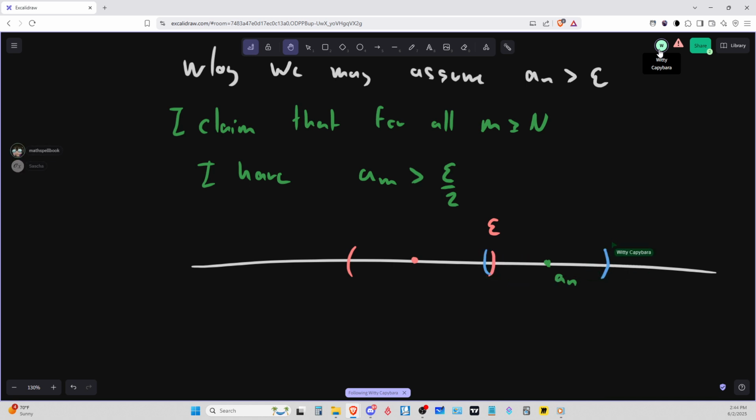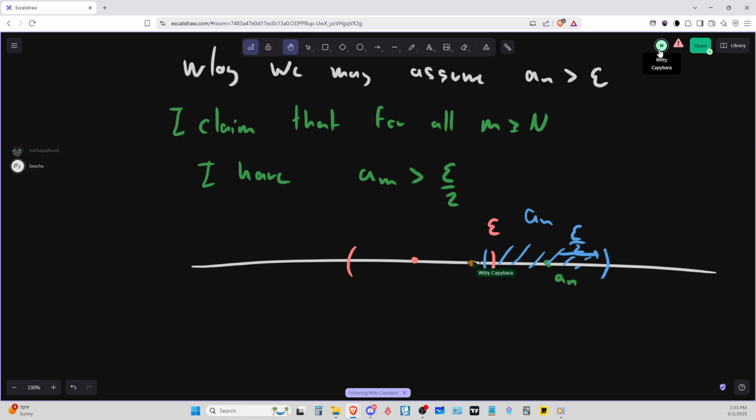Maybe the drawing is not at scale, but you get the point. I know that all the a_m will be stuck inside this region.